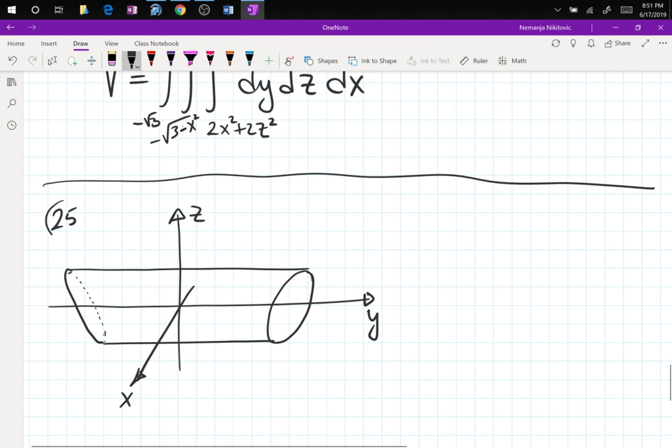Problem 25. Cylinder x squared plus 4z squared equals 4, and the two planes y equals 3 minus x and y equals x minus 3.